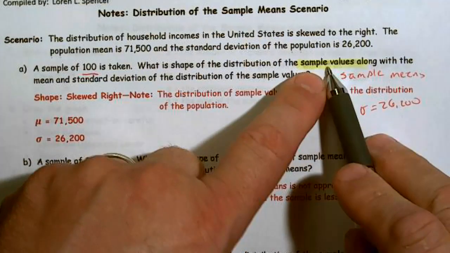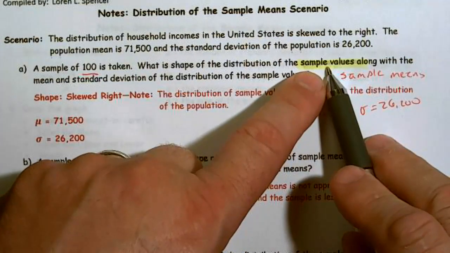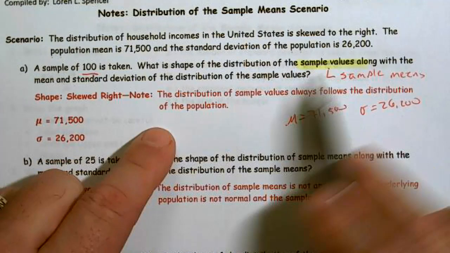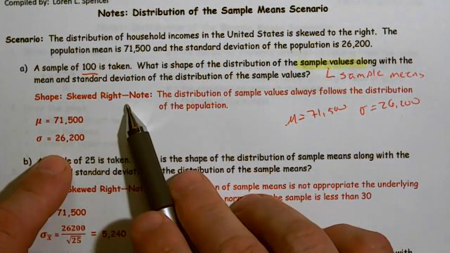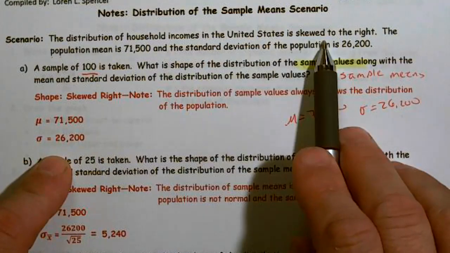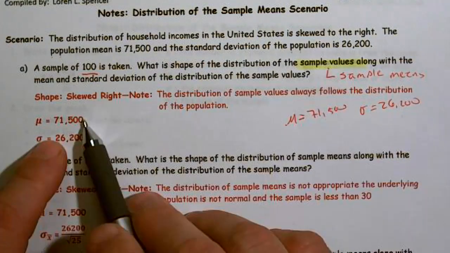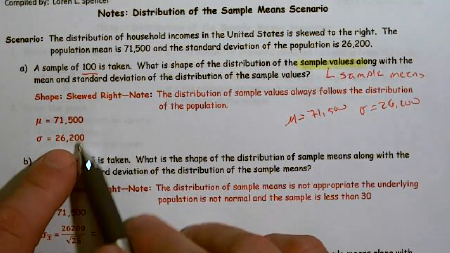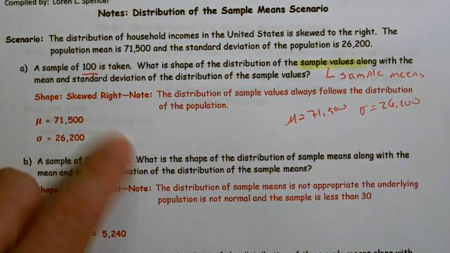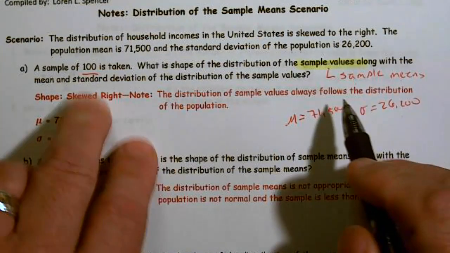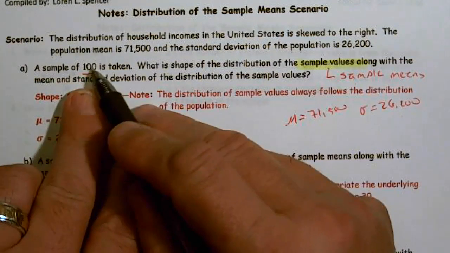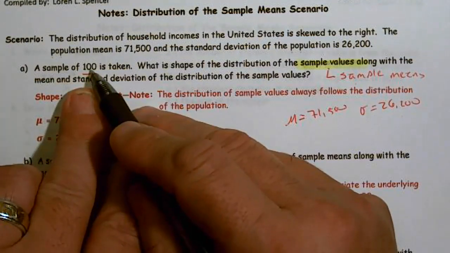So consequently, they're talking about what is the shape of the underlying distribution. Well, the underlying distribution is skewed to the right because we already stated that earlier, with a mean of 71,500 and a standard deviation of 26,200. Had they talked about the distribution of the sample means, we could have used central limit theorem because the sample size is greater than 30.